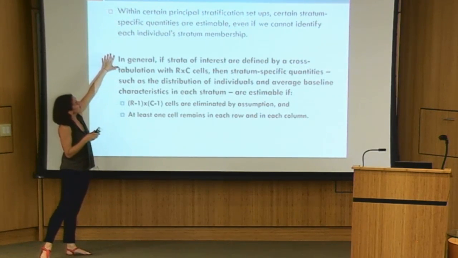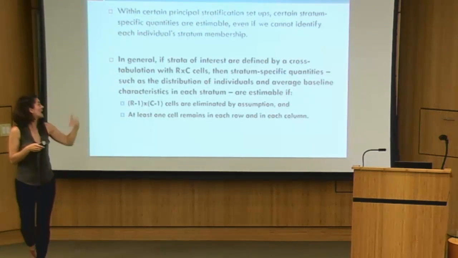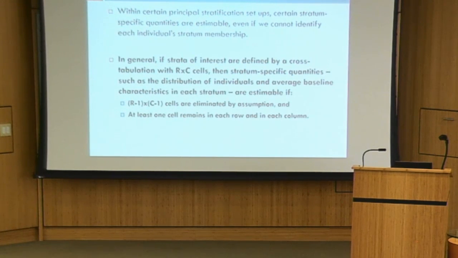This is just a repeat of a point that was made on the previous slide. With certain principal stratification specifications, this is where those assumptions become very, very important. Like the monotonicity assumption, or the assumption that we called irrelevant alternatives in the Head Start example, where you wouldn't expect the Head Start offer to move people from center-based care to home-based care, for example.